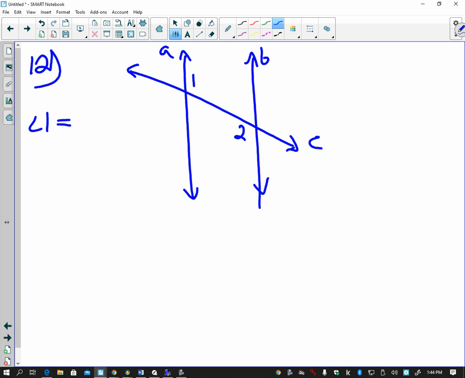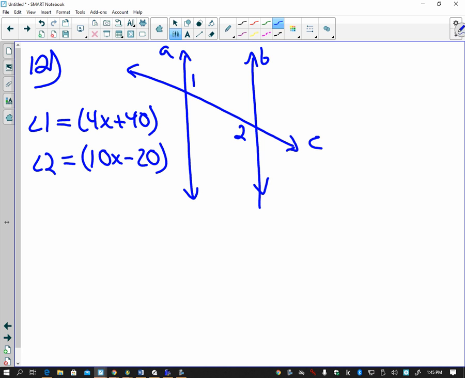Angle 1 equals, say, 4x plus 40. Angle 2 equals, let's say, 10x minus 20.